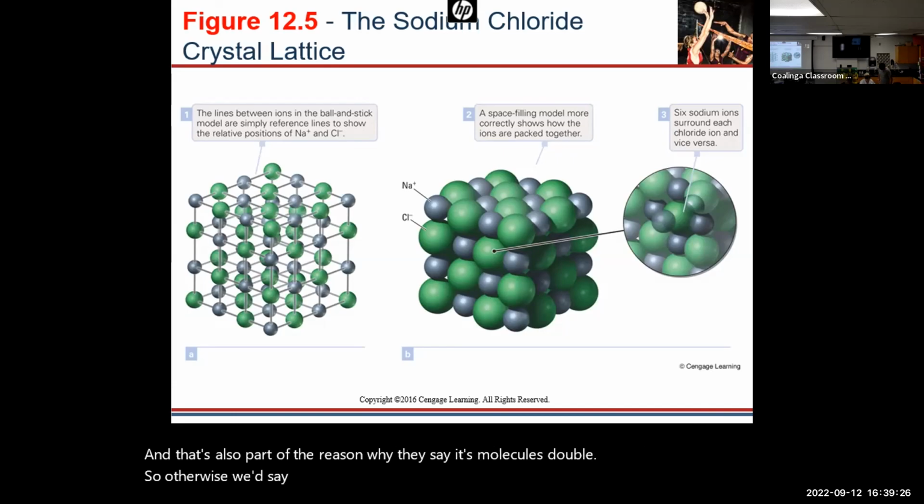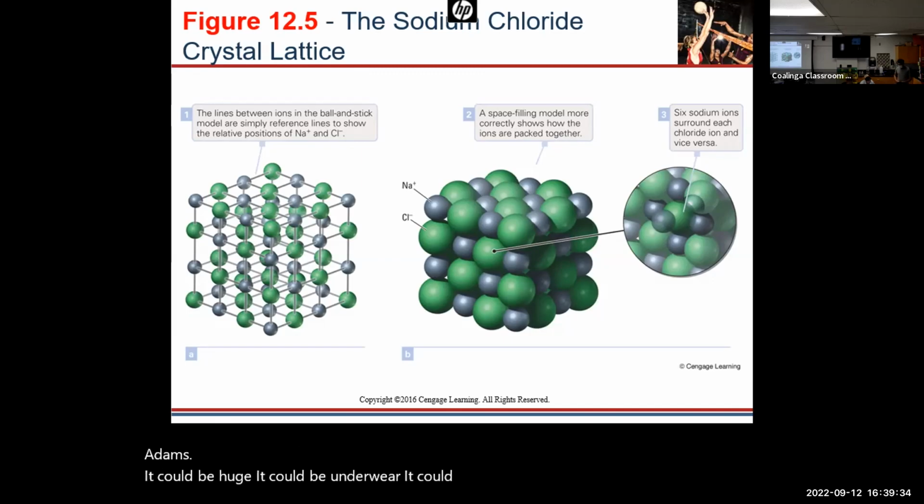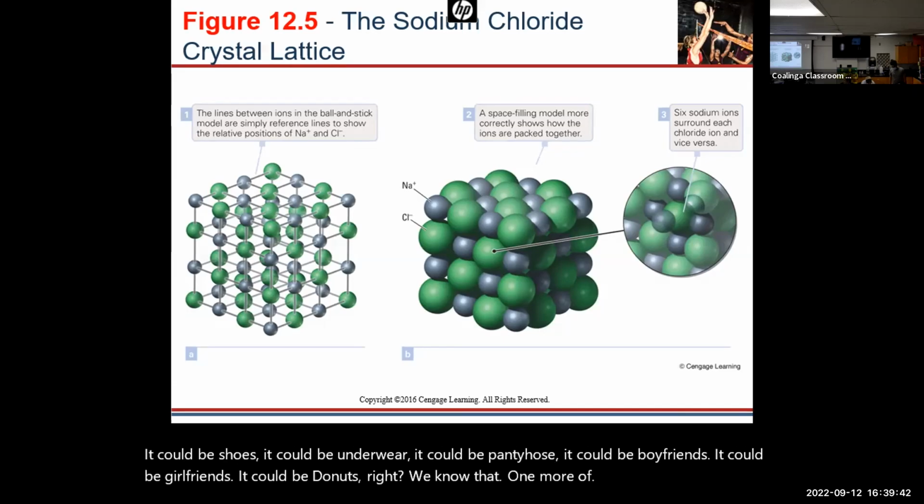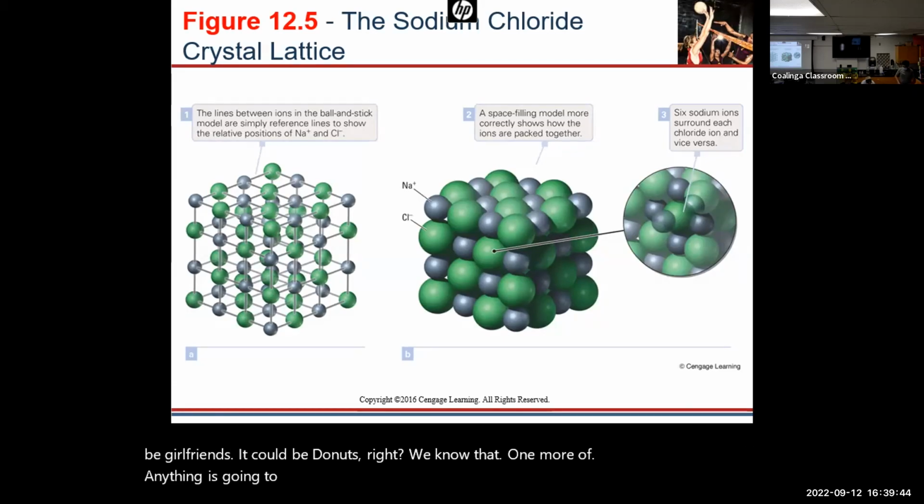We know that Avogadro's number doesn't have to be atoms. It could be shoes, underwear, pantyhose, boyfriends, girlfriends, donuts, right? We know that 1 mole of anything is going to be 6.022 times 10 to the 23rd. So I can use molecules, can I not? Yes.